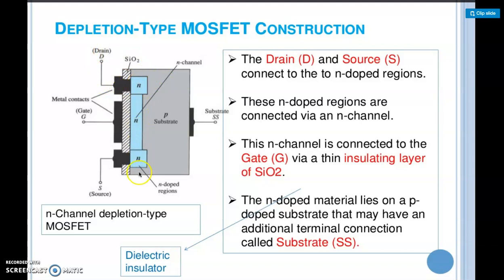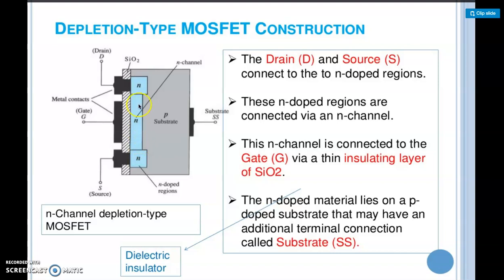These two N-doped regions are connected by one more N-type channel, referred to as the N-channel. The N-channel joins the source region and the drain region.